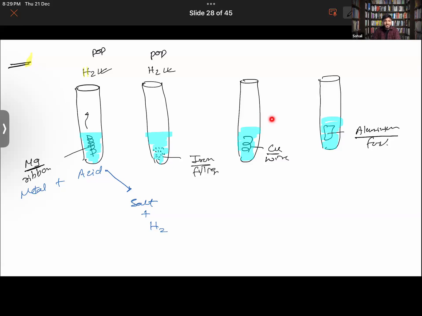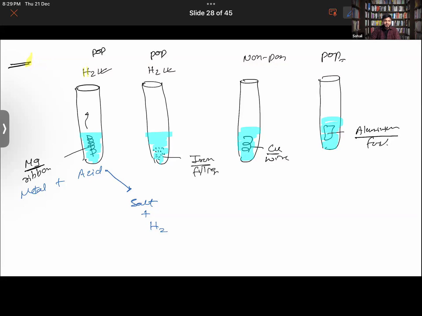So no pop sound is produced here, while in the case of aluminum foil, it is produced. Through this activity we basically proved that some of the metals which are more reactive will react with acids to give out salt and hydrogen gas. Hope that is clear.